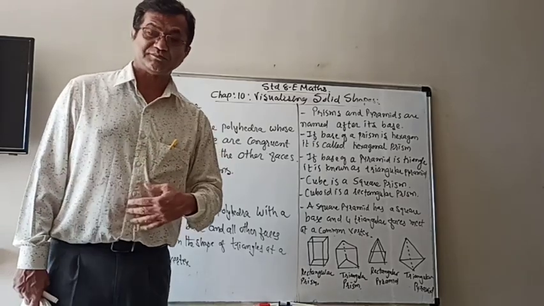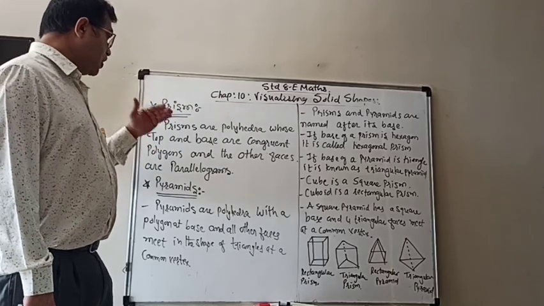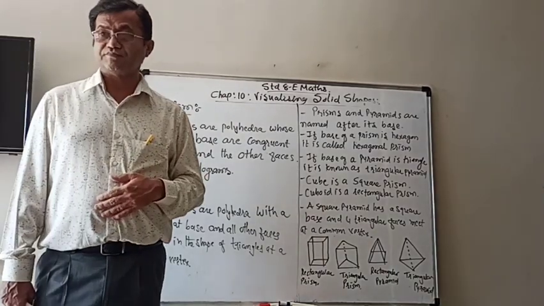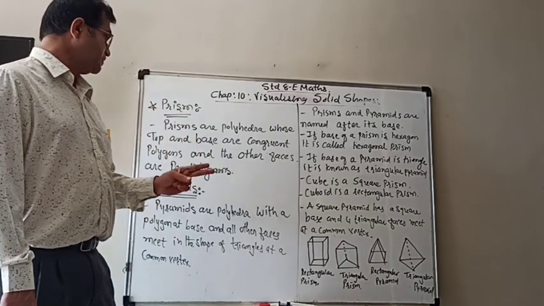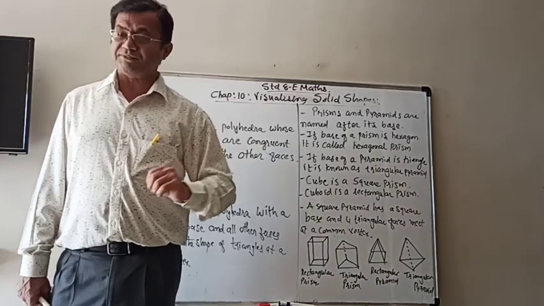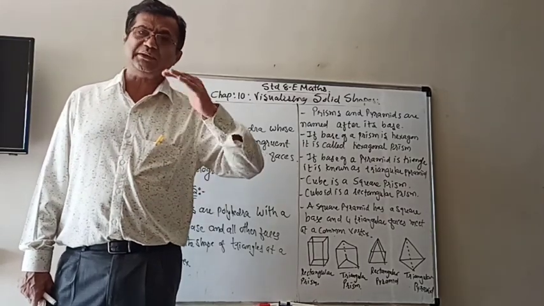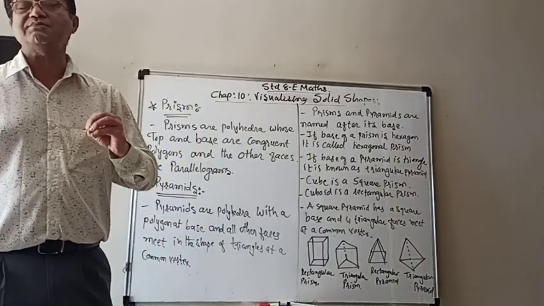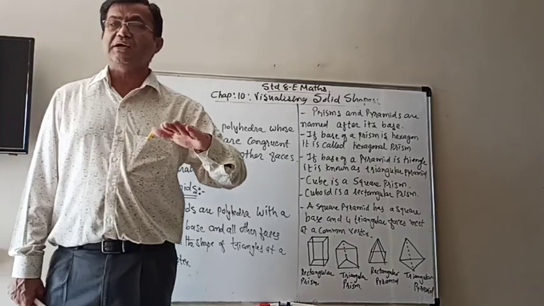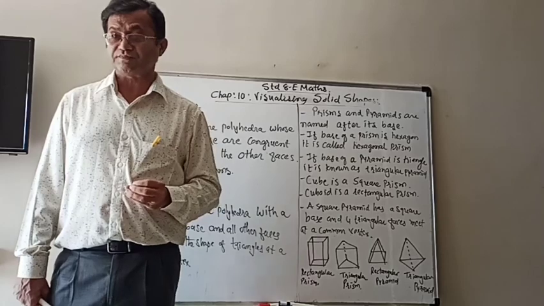What is a prism? Prisms are polyhedra whose top and base are congruent polygons, and second, the other faces are parallelograms. So the top and the base are the same polygons, meaning congruent polygons: if it is a square then it is a square, if a rectangle then a rectangle of the same size.